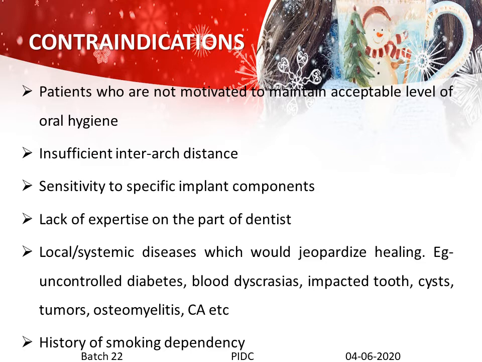Insufficient inter-arch distance, sensitivity to specific implant components, especially titanium, lack of expertise on the part of the dentist, and local or systemic diseases which would jeopardize healing, for example, uncontrolled diabetes, blood dyscrasias, impacted tooth, cysts, tumors, osteomyelitis, or cancer, etc. And history of smoking dependency. So please avoid implants in such cases.